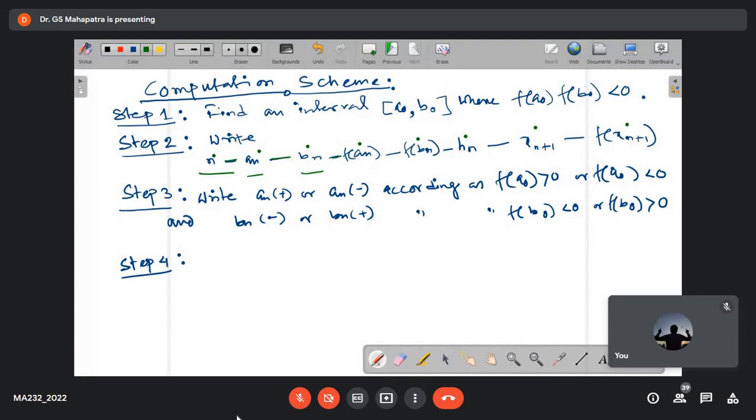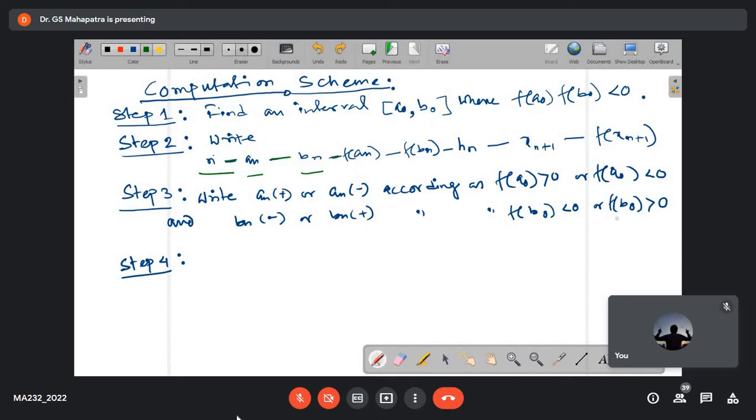So you just see n, an, bn, f of an, f of bn, h of n, x of n plus 1, and f of x of n plus 1. The last one we actually need to determine the sign, that means whether it is positive or negative.